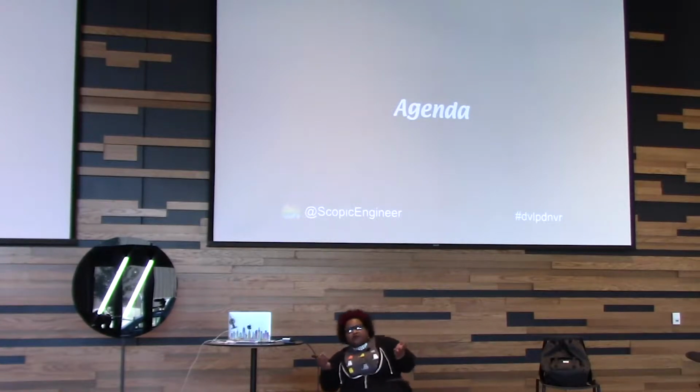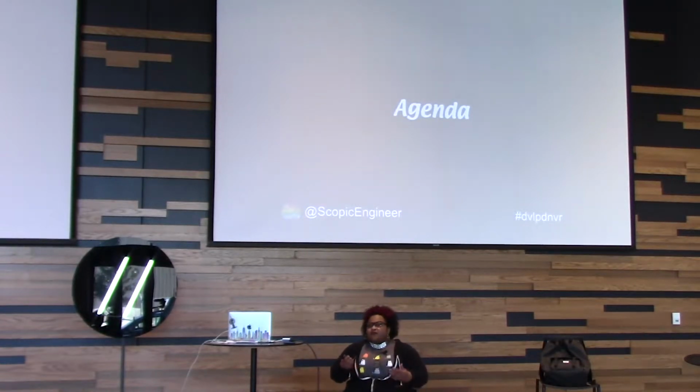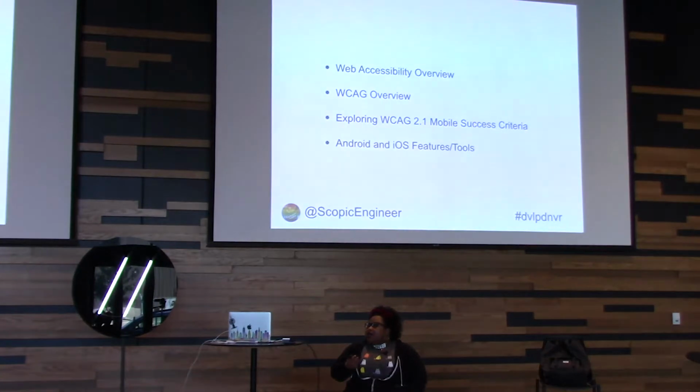So I just wanted to give an agenda of where we're going today. First off, I'm going to give a brief overview of web accessibility, just to get everyone on the same level of what web accessibility is. I didn't want to assume everyone knew exactly what it entails. Then I'm going to go into WCAG, the guidelines for how you make websites and applications accessible.